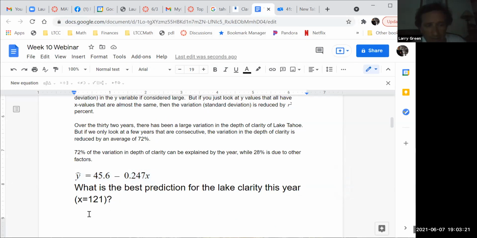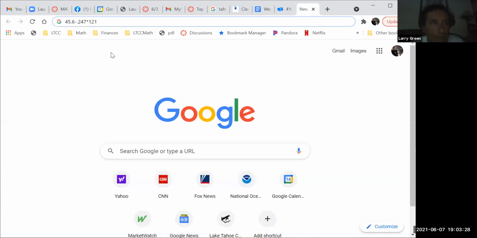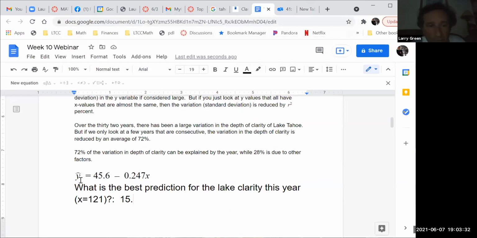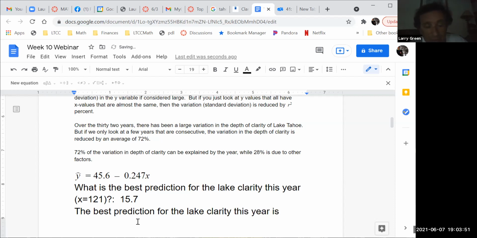So the answer is 15.7, right? Yeah, 15.7. So the best prediction for the Lake Clarity in this year is 15.7 meters.